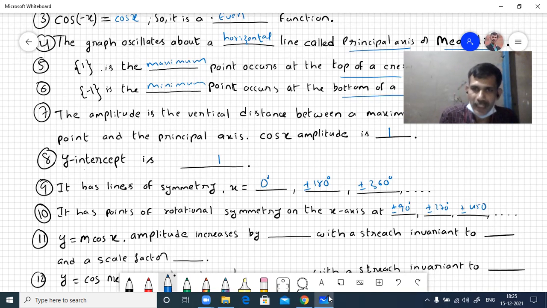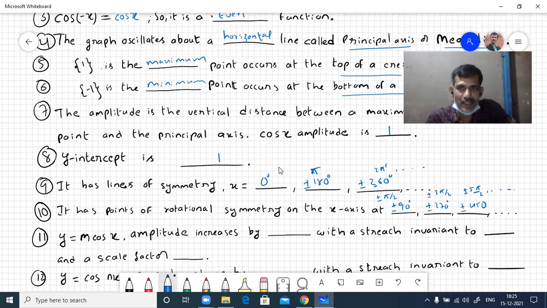If you want to write in radians, line symmetries we find at 0 degrees, pi radians, 2 pi radians, and so on. Rotational symmetry we find at plus or minus pi by 2, plus or minus 3 pi by 2, all odd multiples we have to write, plus or minus 5 pi by 2, like that, and so on.